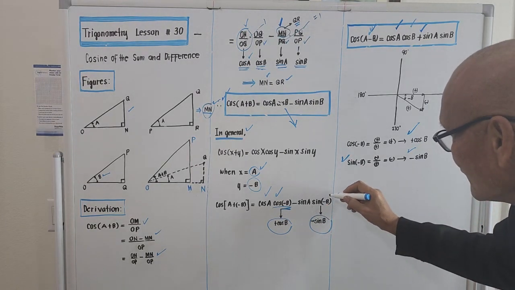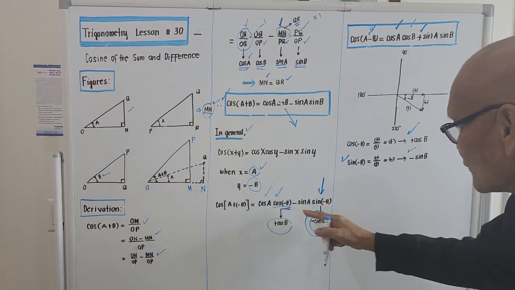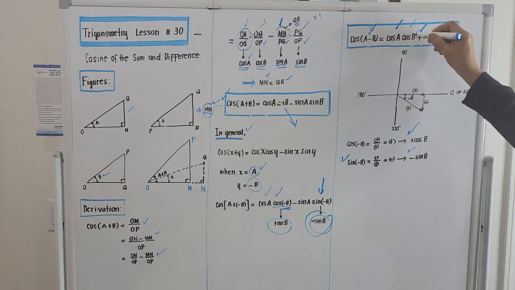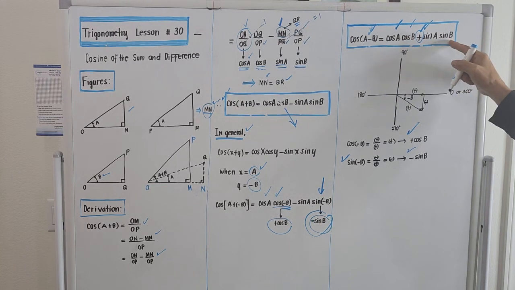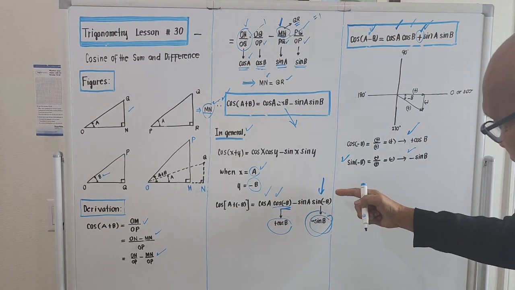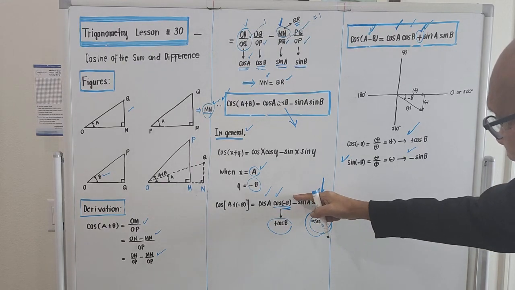We substitute this value here by a negative sine b. So a negative, negative, this will now be plus. That's why if this is minus, this should be plus, because there was a minus here. But since the sine of a negative angle will be negative sine of that angle, a minus and a minus will be plus.